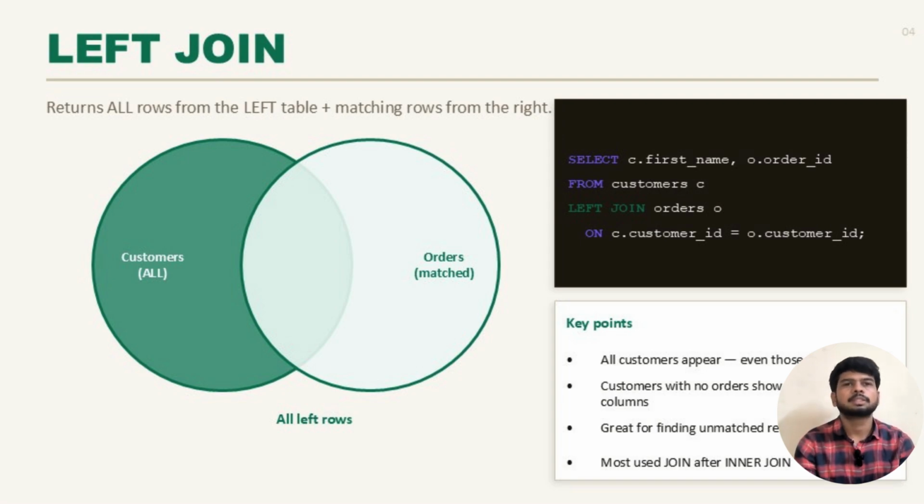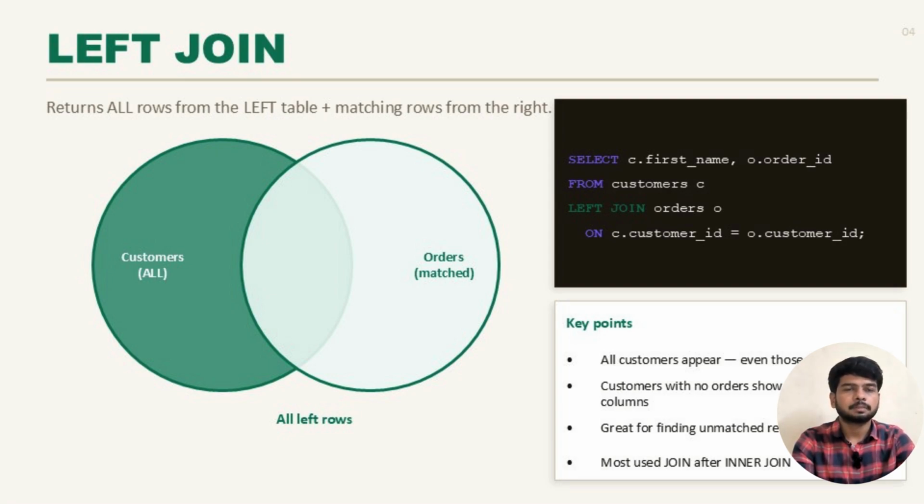The next one is left join, and this is the most powerful in the majority of conditions, more powerful than inner join itself. Now let's focus on the Venn diagram. The entire left circle is filled. All the customers come back, whether they have placed an order or not, it doesn't matter. They will be included in the output.